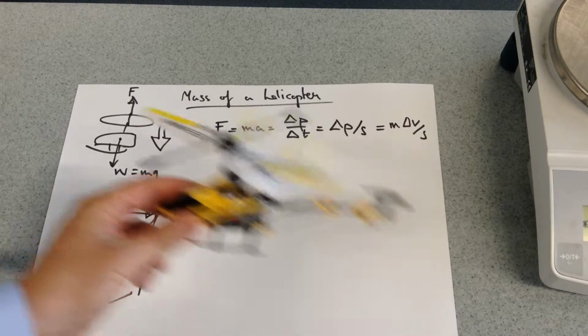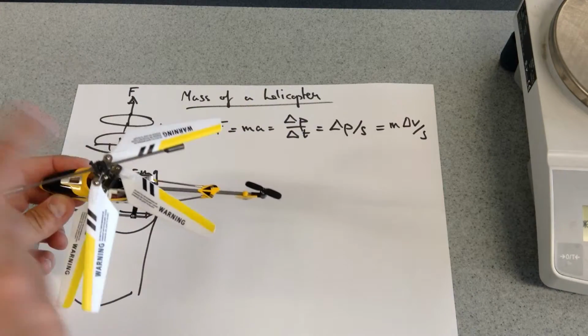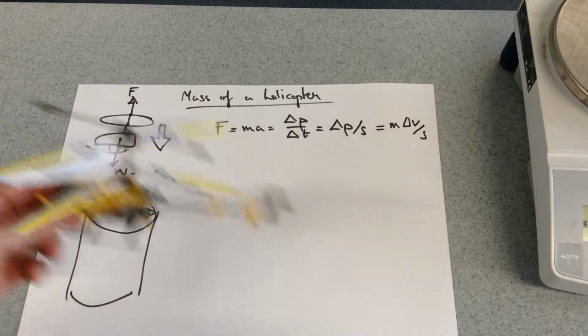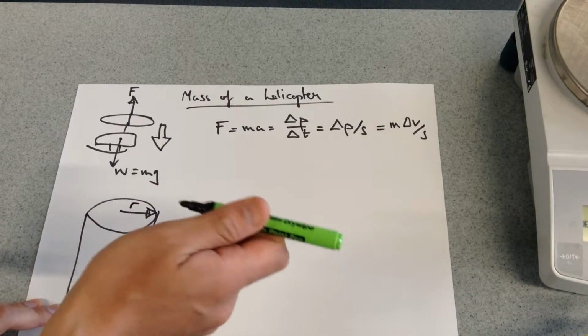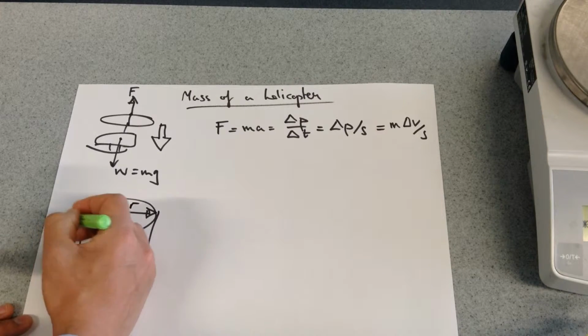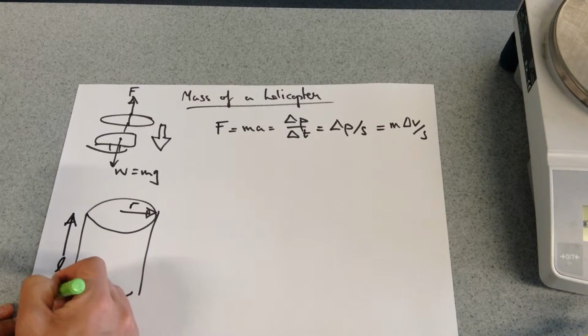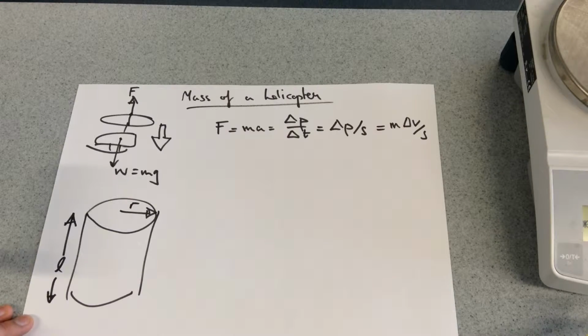Now, we're approximating there. Of course, this is more like chopping the air down, but let's imagine it's a cylinder that's being driven down. We have a radius, which is the same as the copter blade length, and we have a length. And that gives us a volume of air.